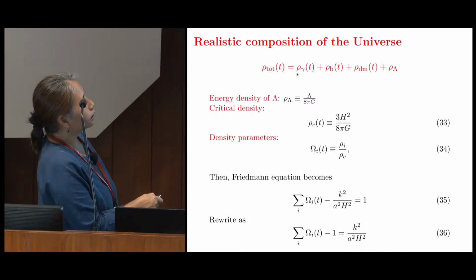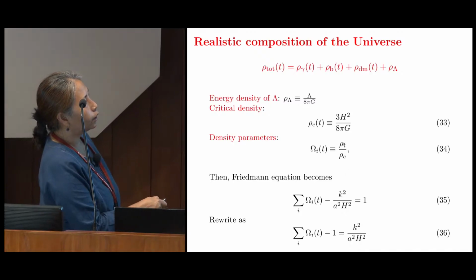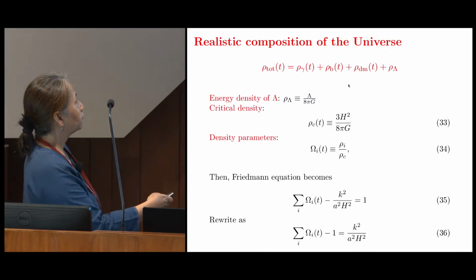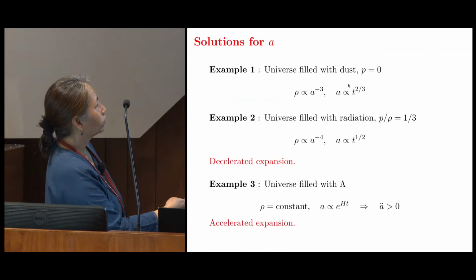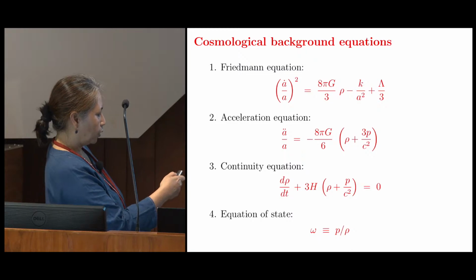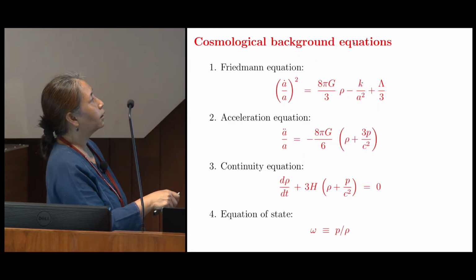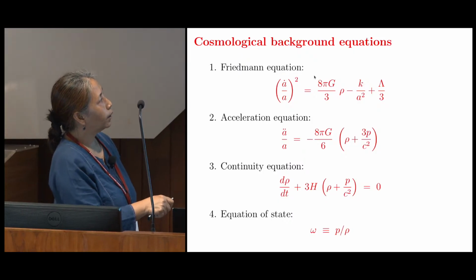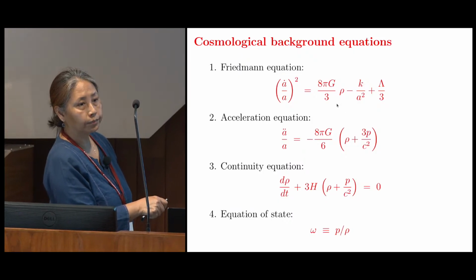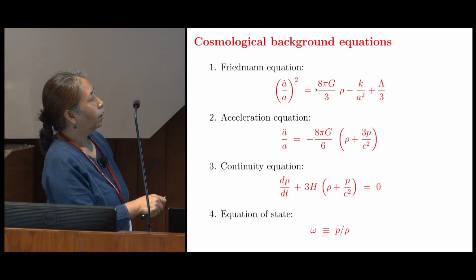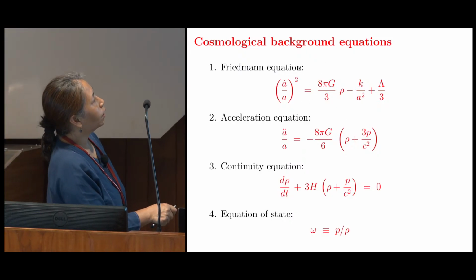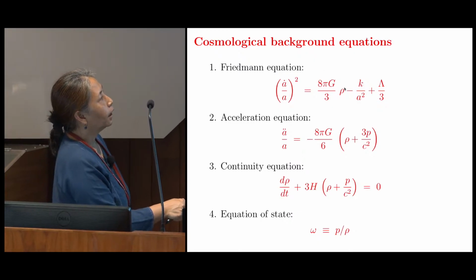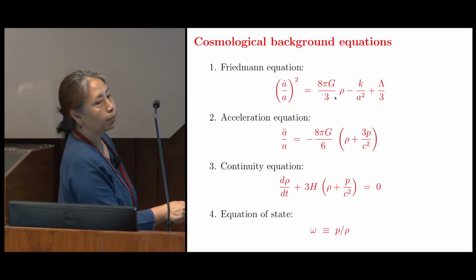Why am I doing this? By introducing rho lambda and rho c, let me go back to the Friedmann equation I wrote down earlier. If I look at this here, I have H square on the left hand side. What I am doing is taking H square to this side, and I can write this as rho divided by rho critical.